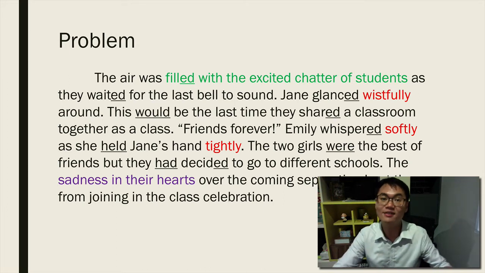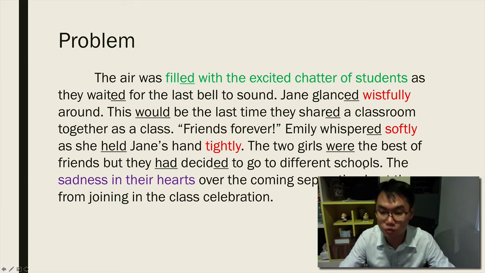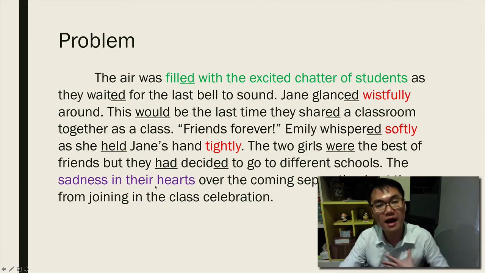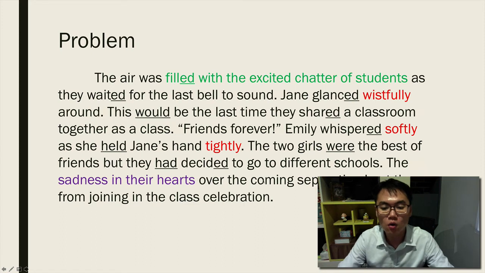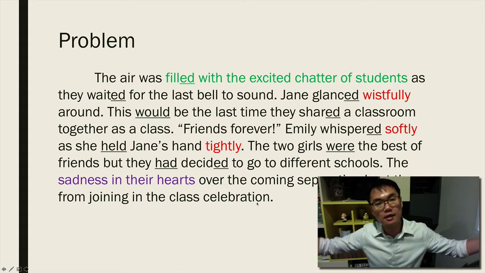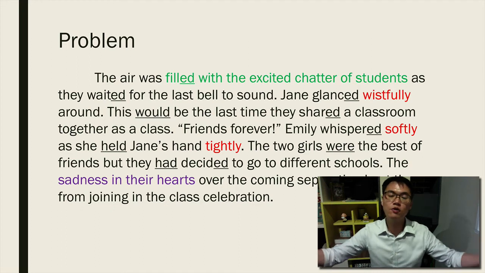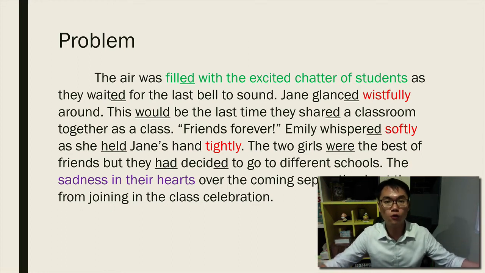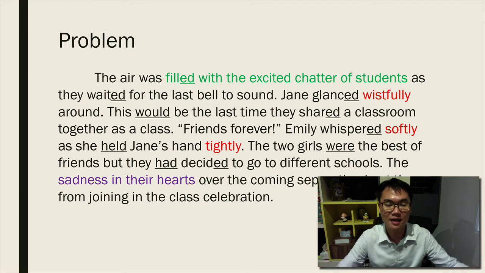They had decided to go to different schools. The sadness in their hearts over the coming separation kept them from joining in the class celebration. So remember, there was music playing, the class was excited, they were waiting for the last bell to ring, they were really looking forward to the end of the last term.